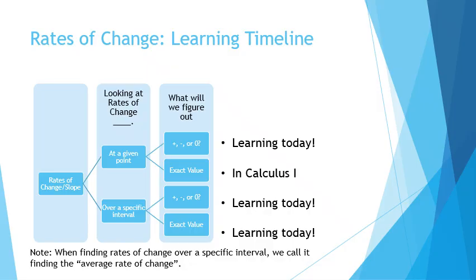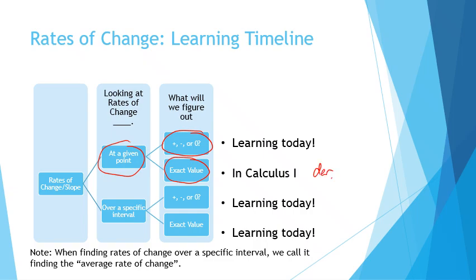All right, so here's the learning timeline for today. We will find the slope or rate of change at a given point. Today, we're just going to figure out if, at a given point, it's positive, negative, or zero. To determine the exact value, that requires calculus and what we call derivatives.